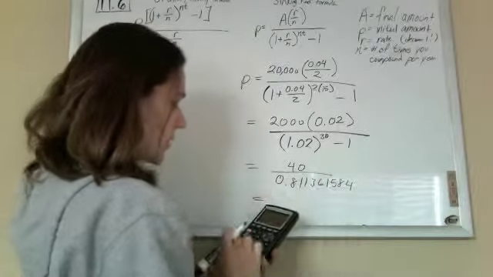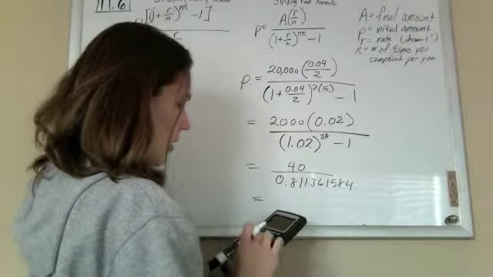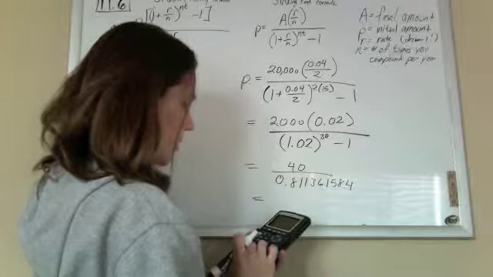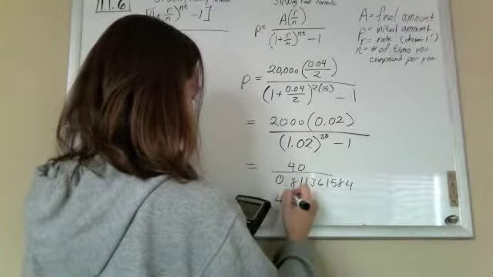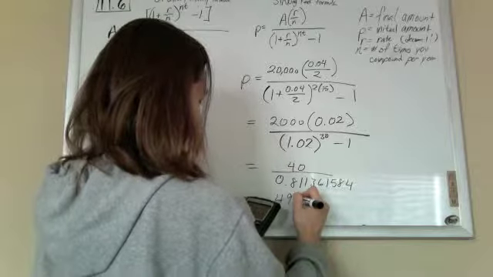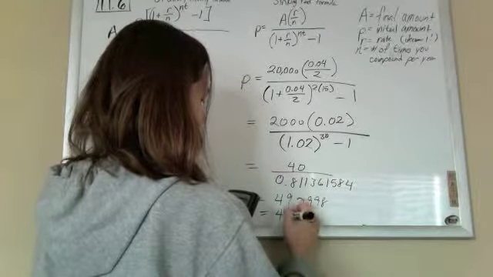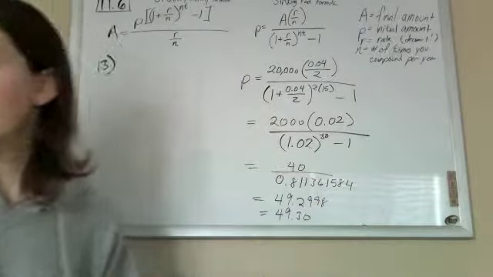All I got to do now is divide. So 40 divided by 0.811361584, and I get 49.2998, which I'm going to round to 49.30. So let me just check if that's good.